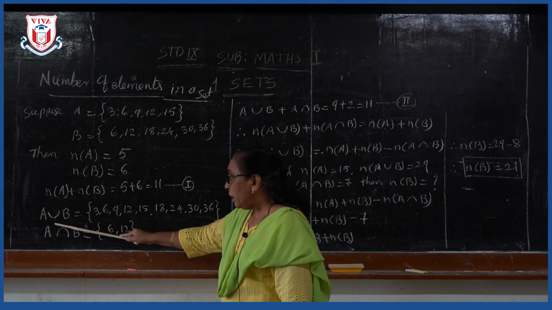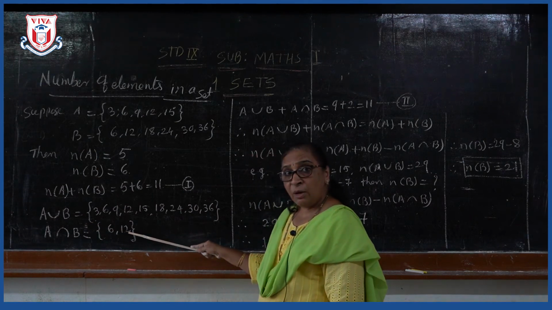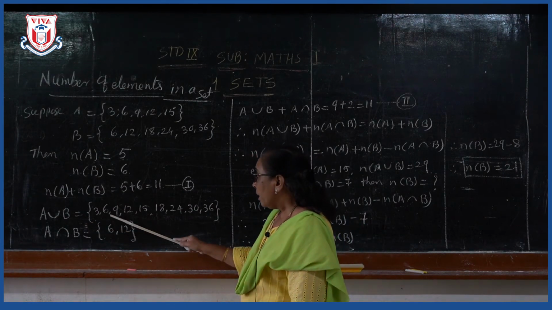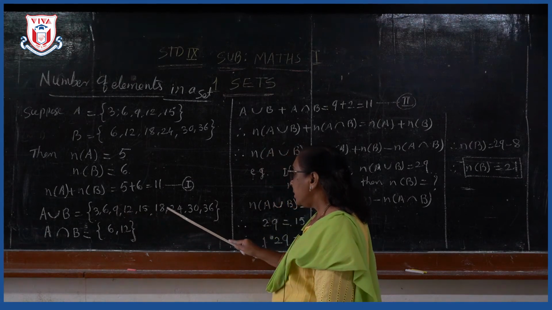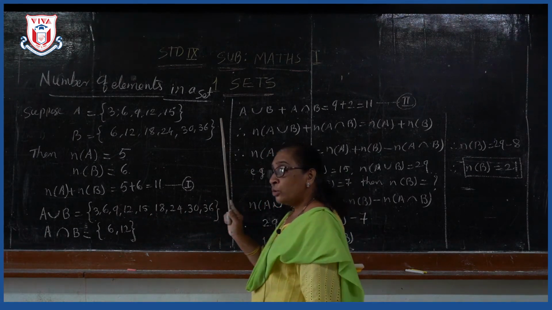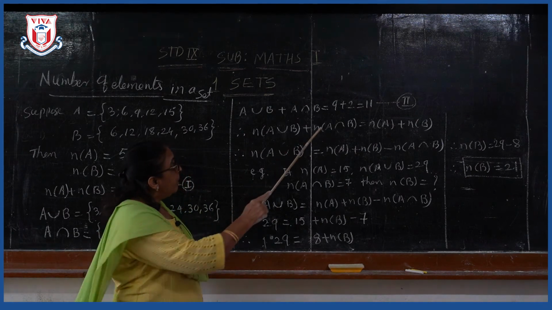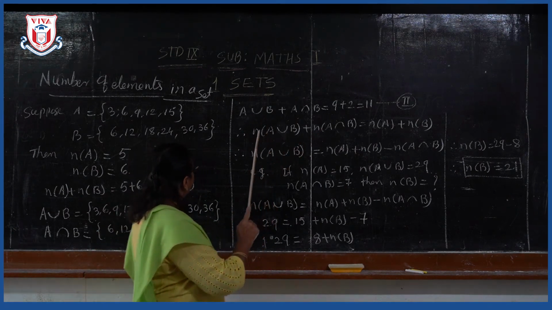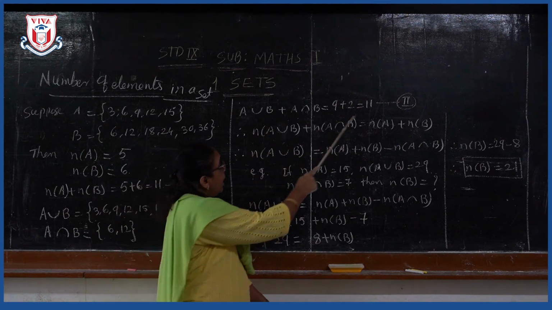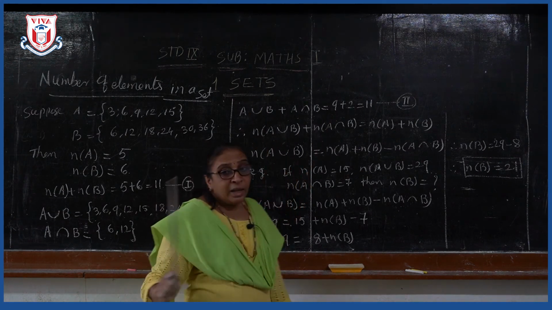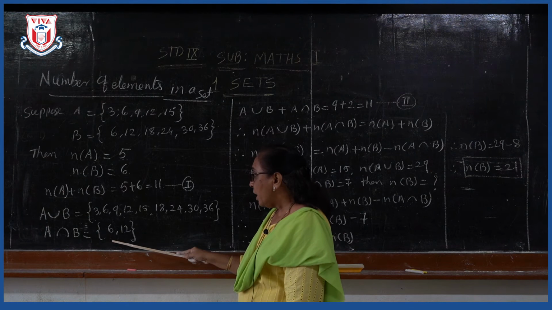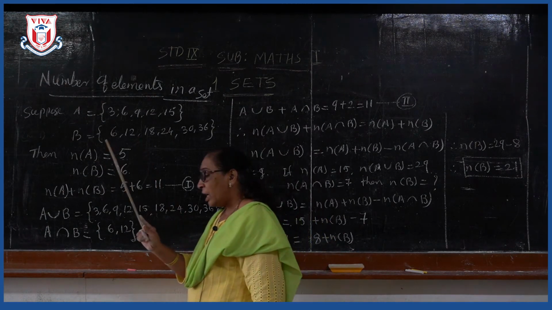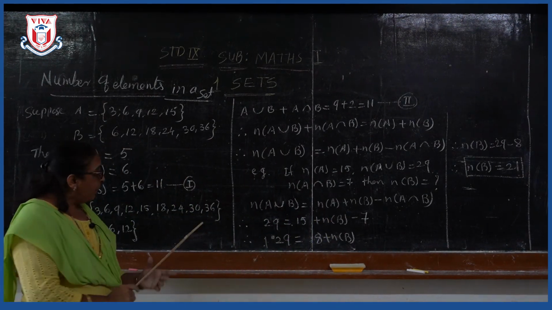Now if you see number of elements of union of A and B, then it will be what? 1, 2, 3, 4, 5, 6, 7, 8, 9. So n of A union B is 9. Then A intersection B, if we consider, then it is 6 and 12, means only 2 elements are there.